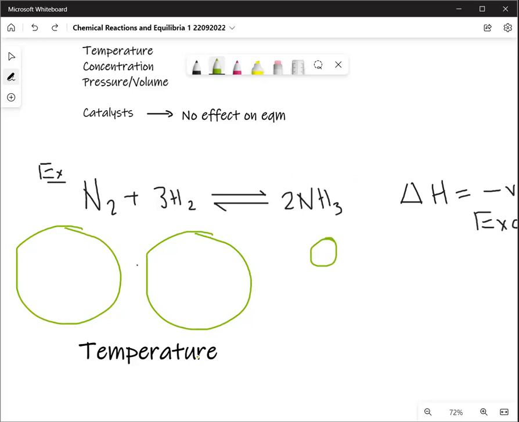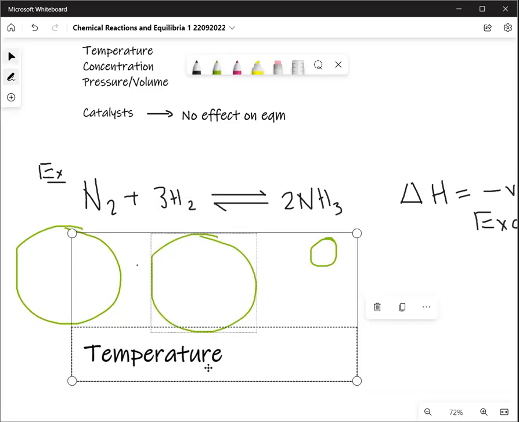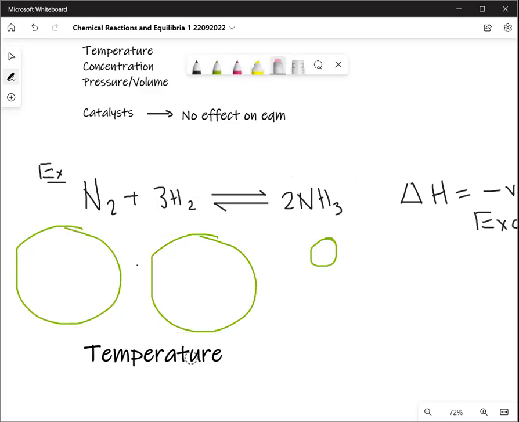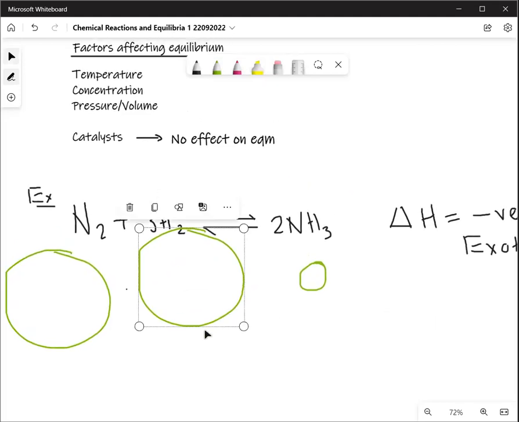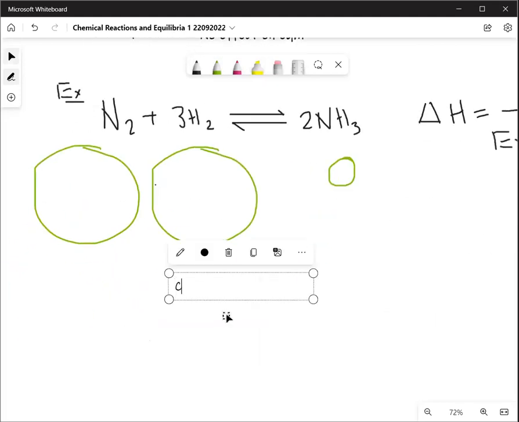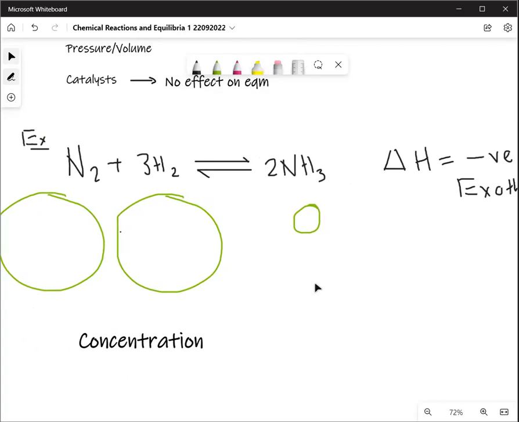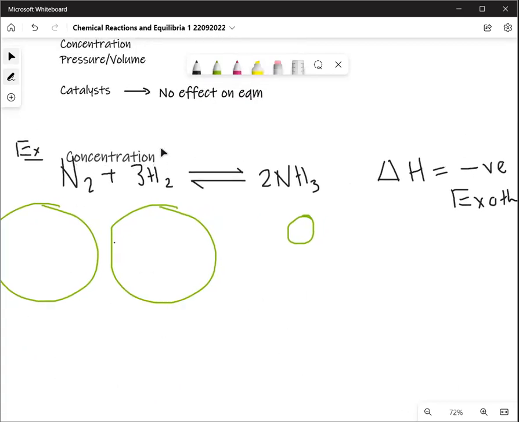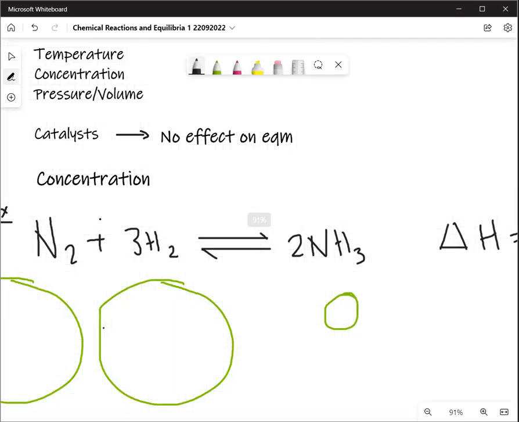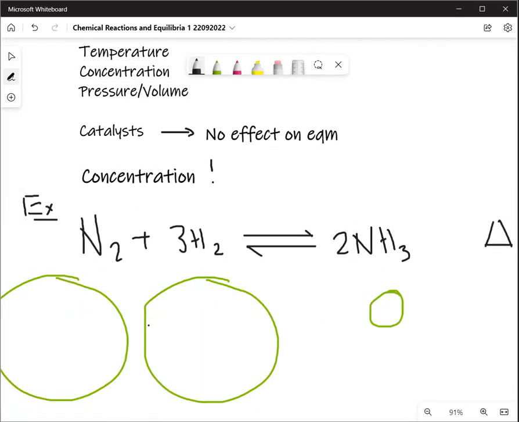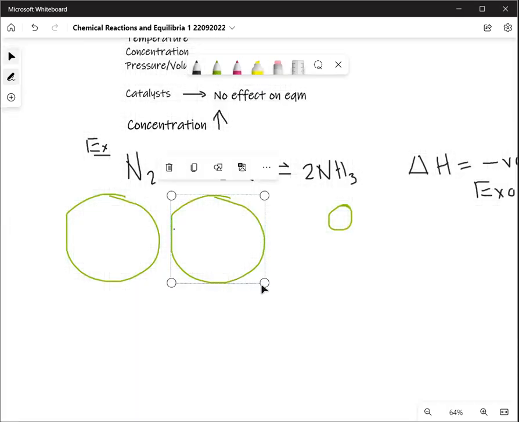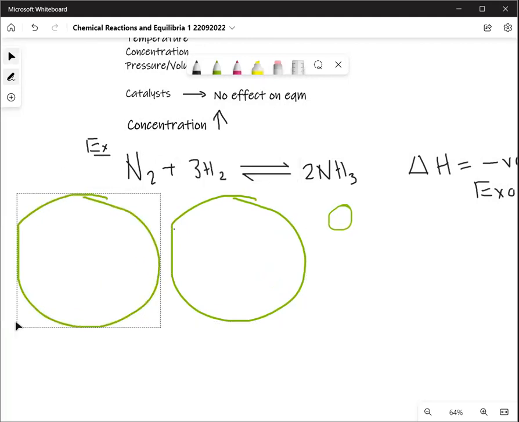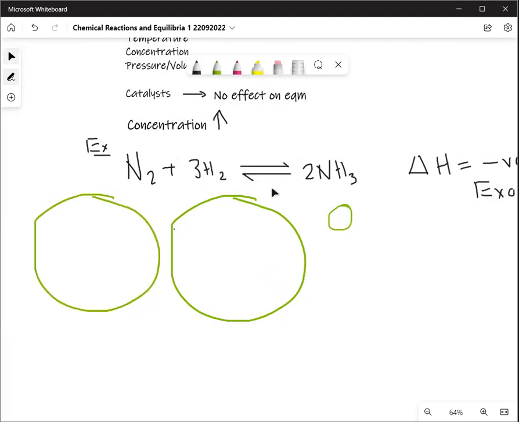Fine. Before I look at temperature, let's look at concentration actually. Now if I increase the concentration of the reactants, if I suddenly make a lot more of these, then what will happen to the equilibrium?